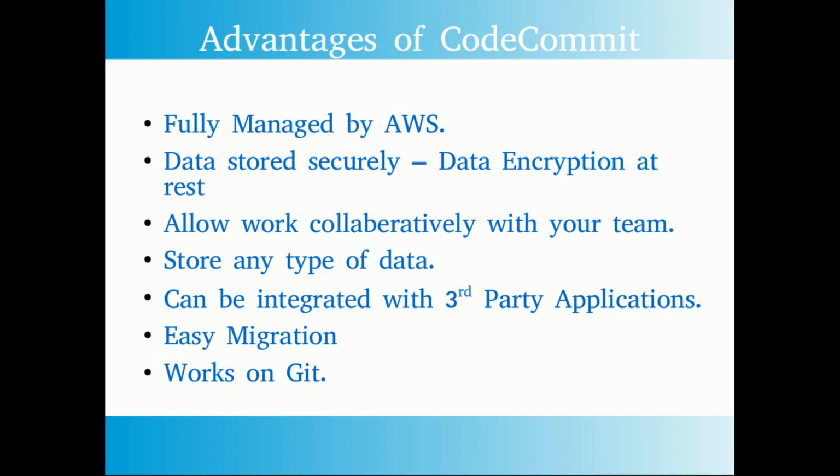And next is regarding the pricing. The pricing is $0 if you start your CodeCommit with your first 5 users, and this allows you to have unlimited repos and 50 GB of storage in the repository, and you can have 10,000 Git requests to the repository.